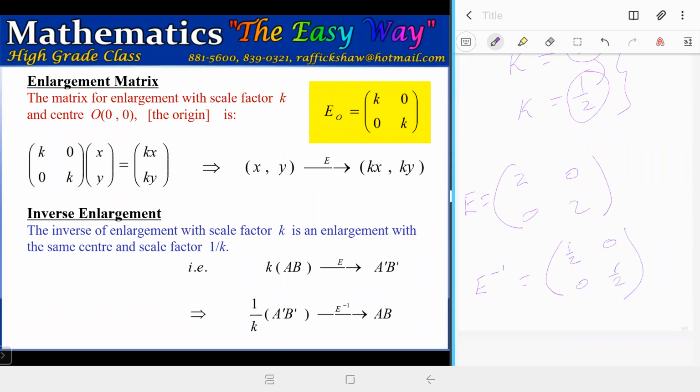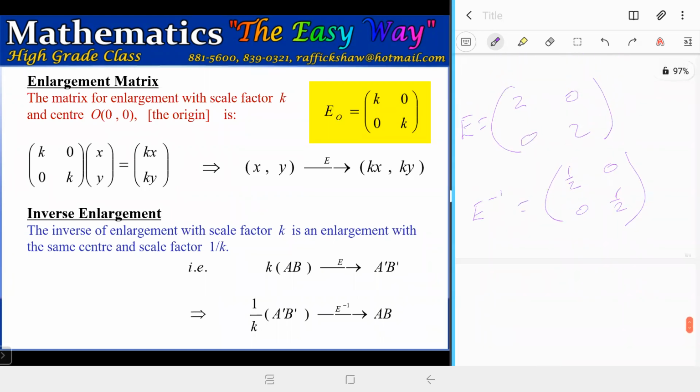So the inverse of this enlargement is this enlargement, because the inverse of this matrix, by calculation, is that. You can try it if you want.